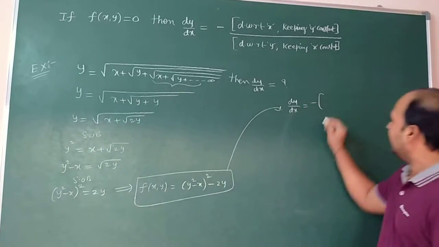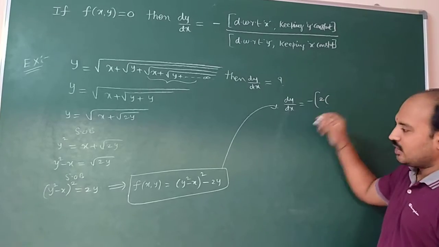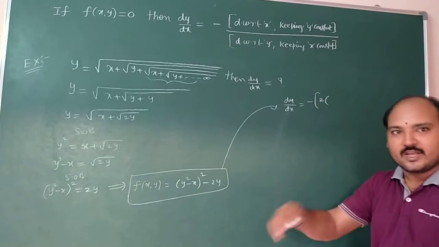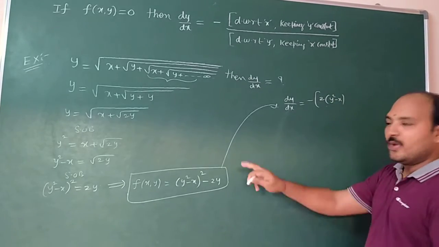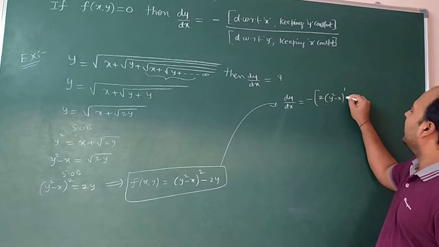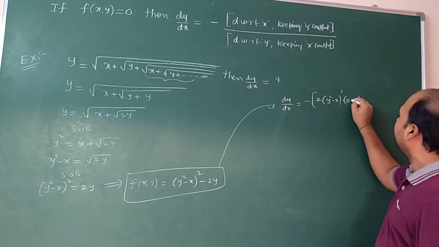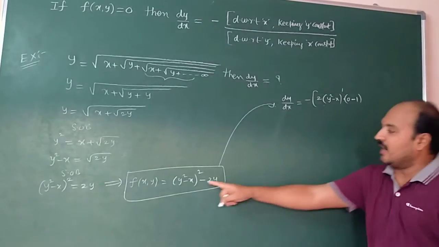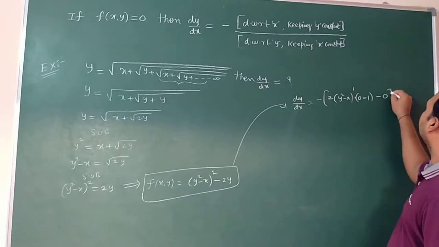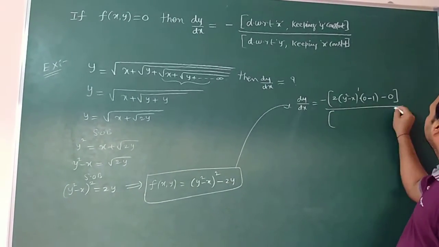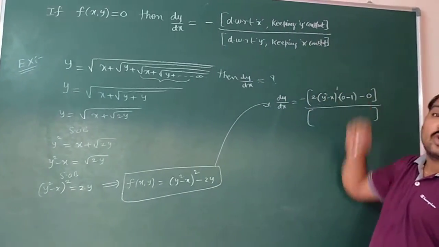So differentiation of this one, it is in the form of f(x) whole power n. So 2 into f(x) whole power n means n into f(x) whole power n minus 1, again f(x) you have to differentiate. 2 into (y square minus x) whole power 2 minus 1, that is 1 only, into differentiation with respect to x keeping y as a constant. So y derivative is 0, minus x derivative is 1, minus 2y, that constant, derivative is 0, whole divided by, differentiate with respect to y keeping x as a constant.